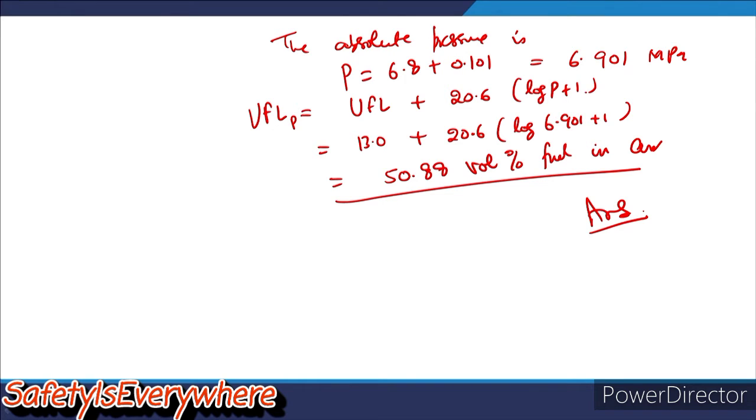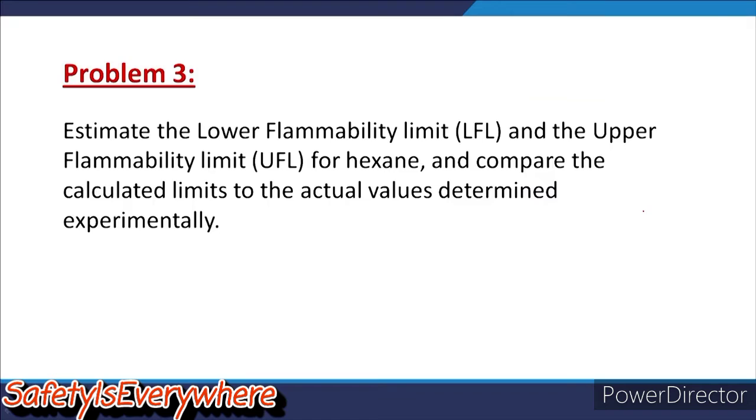So now let us have a look at the next problem, which is problem number 3. This particular problem relates to the LFL, and you need to estimate the lower flammability limit, that is LFL, and the upper flammability limit for hexane, and compare the calculated limits to the actual values determined experimentally.